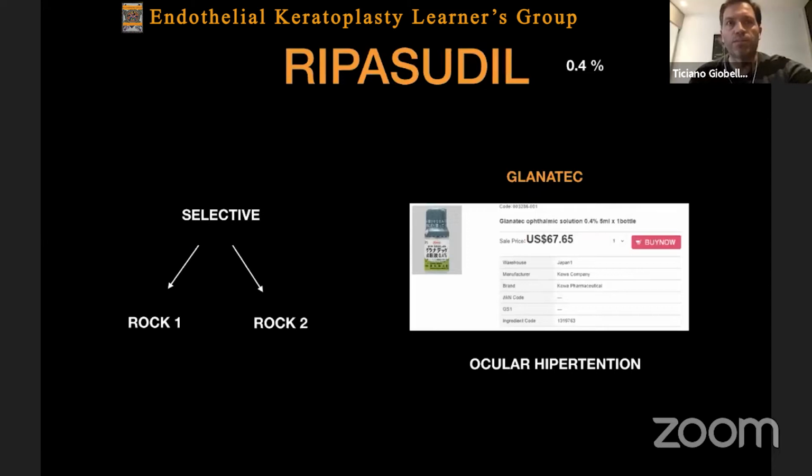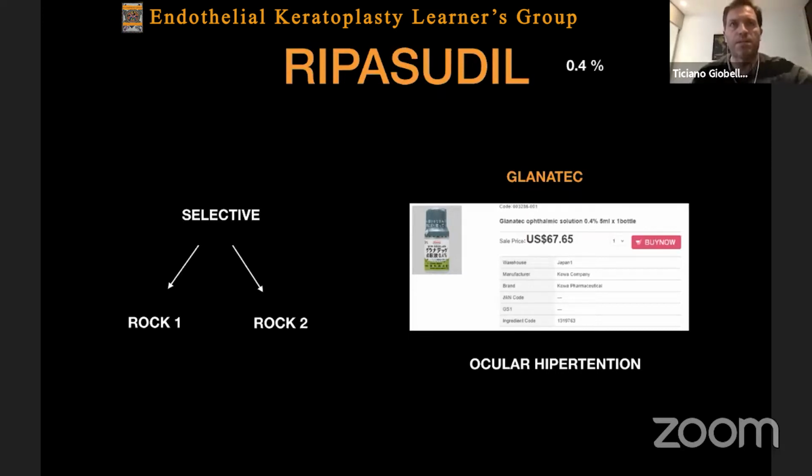As you know, ripasudil administered twice daily has been proven to lower intraocular pressure by altering cytoskeletal contraction of the trabecular meshwork and Schlemm's canal cells, increasing this way the outflow facility of aqueous humor.